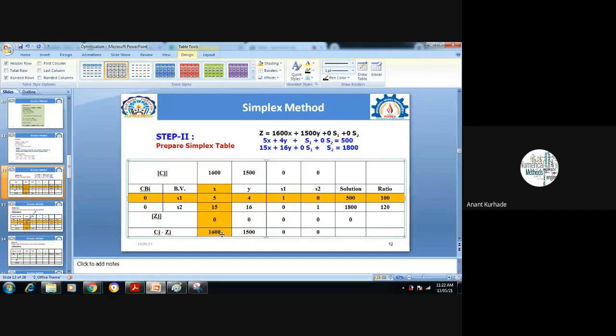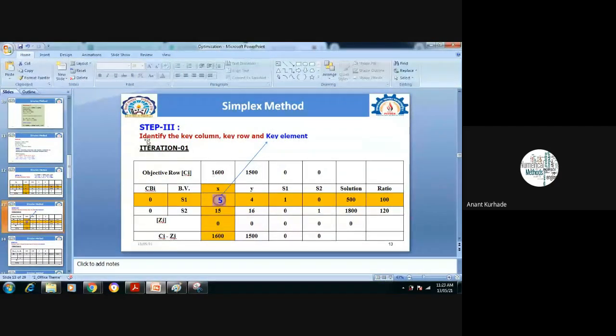Because the problem is a maximization problem. For the key row, we always use the minimum value, whatever the problem is, it doesn't matter. At the intersection of these two, we have the key element. So identify the key column, key row, and key element. So 5 is our key element. Any doubt? That's fine. Now we will move further.